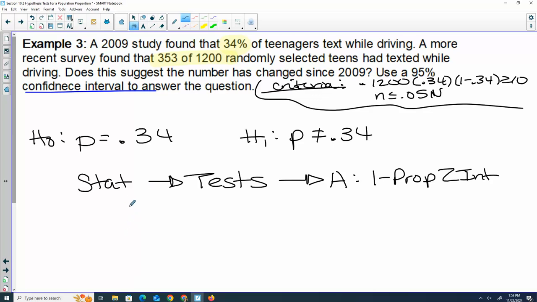So our x here is 353. N was 1200. What confidence level do we want? 95. 0.95.